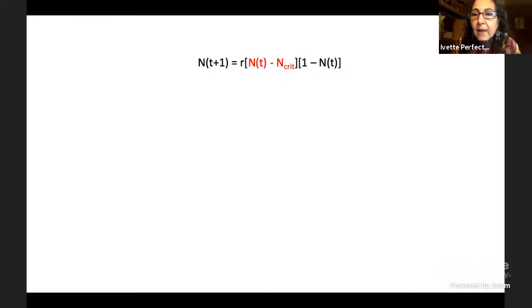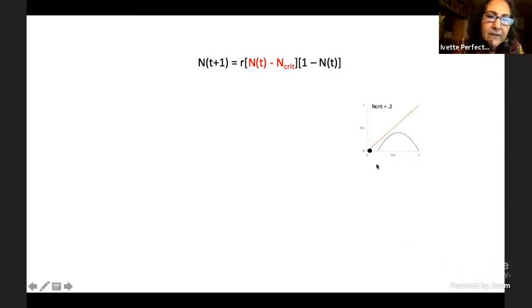So let's look at what happens as we change n-crit, the critical density of the scales. Remember the equation here, we added this, which is the Allee effect, that represents that critical density. So if we have a very high n-crit, our function is going to look something like this, and that means that the only equilibrium point is going to be right here.